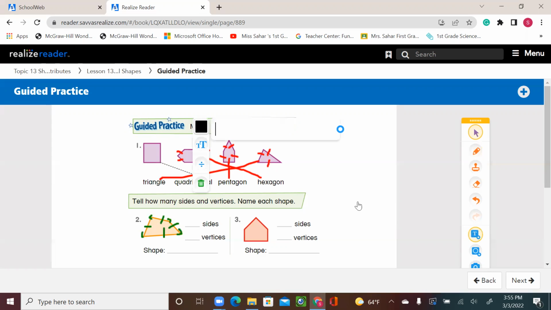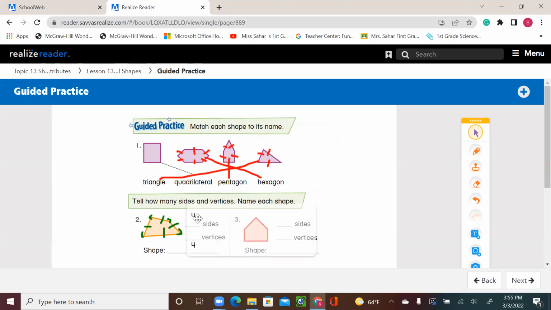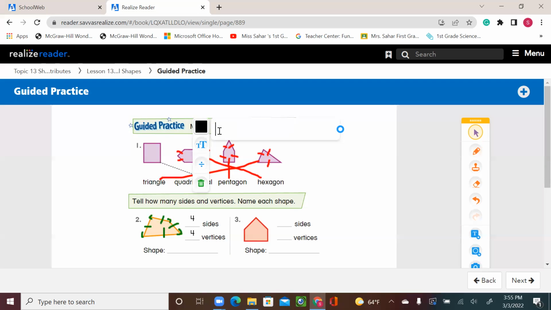I'm going to write this down. And this shape is a quadrilateral.